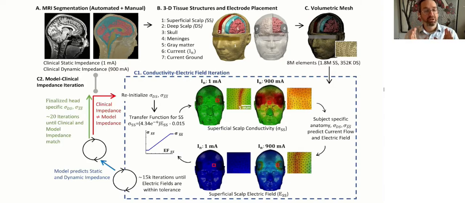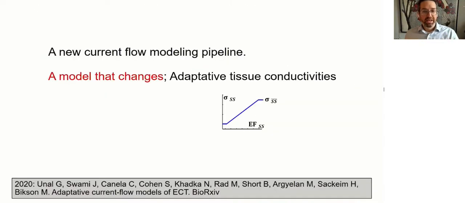Their skin is different, and it's their differences in skin that help determine the static impedance that is measured, the dynamic impedance that is measured, and so the overall current flow prediction. So I want to emphasize these variables that are subject specific. And this, in a nutshell, is the pipeline, and this is the reference where we explain this for the first time in some detail.